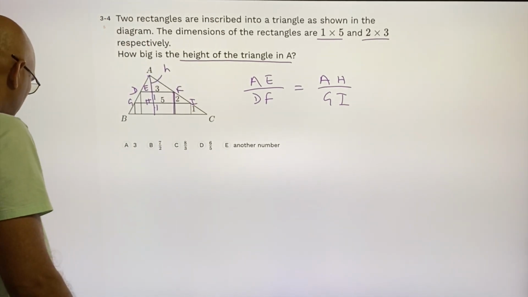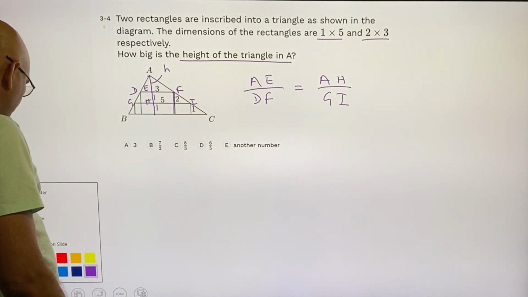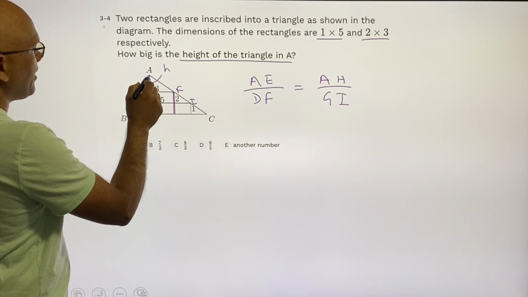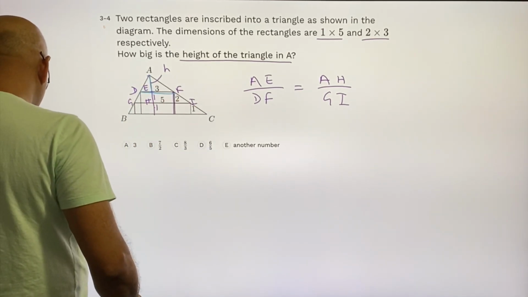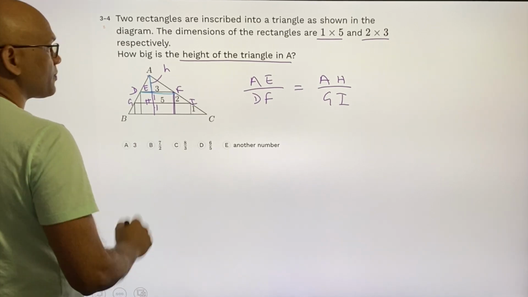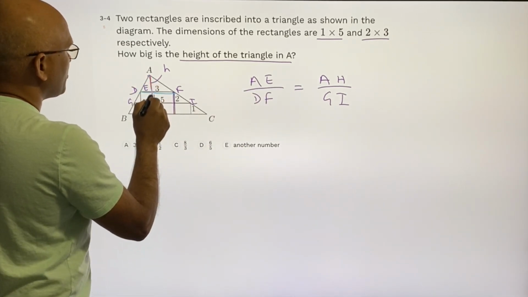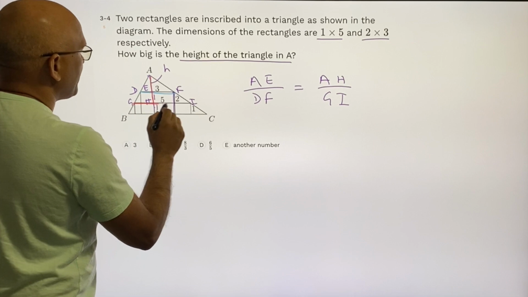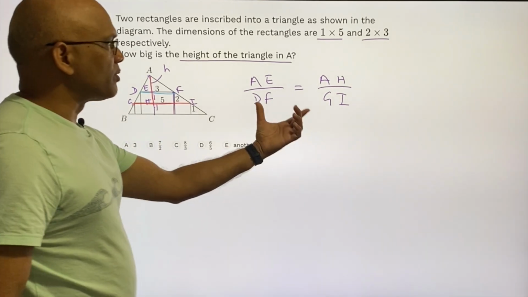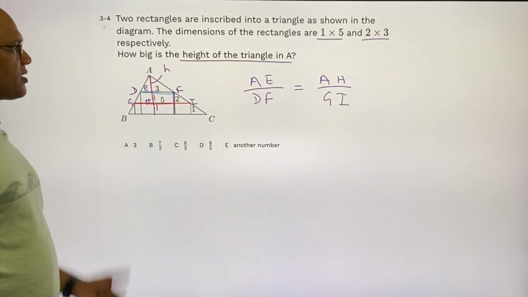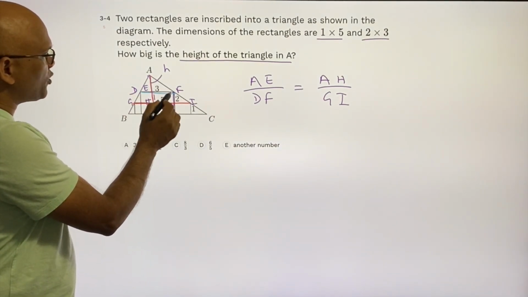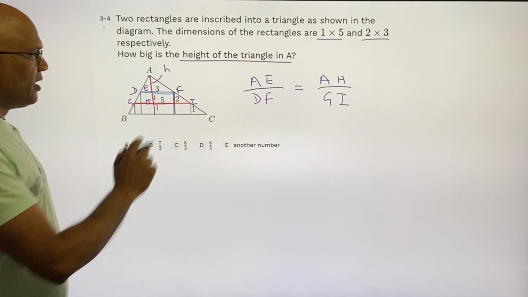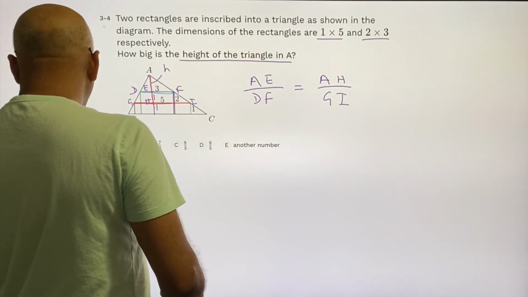So this is from the properties of similar triangles. And this is a similar triangle because this is the same angle and these two lines are parallel. Okay, so let me write down those values.